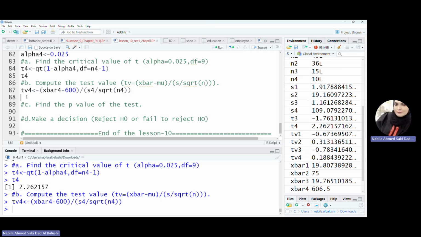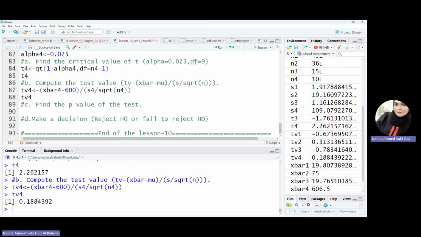Recall TV4 in the console window. It's 0.188. If you compare the test value with the critical value, the test value is again falling in the non-critical region. So our conclusion is fail to reject H naught.